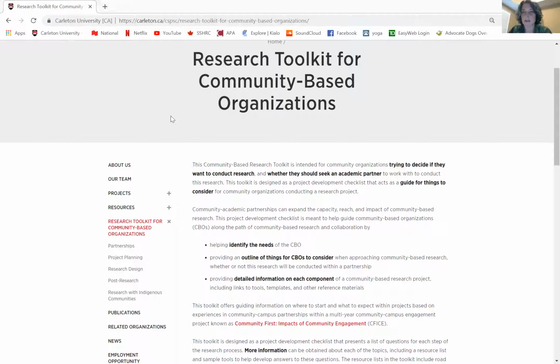Like Adji had explained, we take a community-first approach with the information and resources that we provide. We also take a very participatory approach to research, and I'll go over some of that as I go through. I'm going to go through first just the basic navigation of the tool.